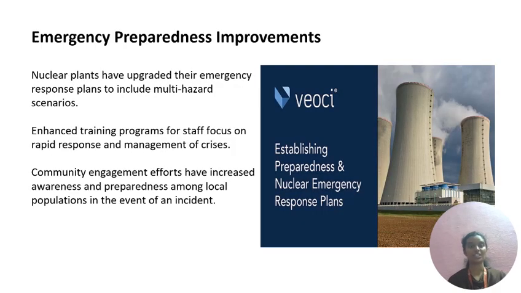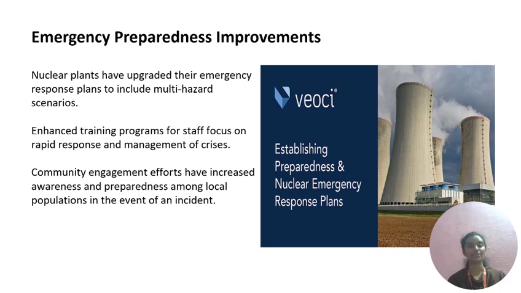The emergency preparedness improvements. Nuclear plants have upgraded their emergency response plans to include multi-hazard scenarios and also enhanced the training programs for staff, focused on rapid response and crisis management.